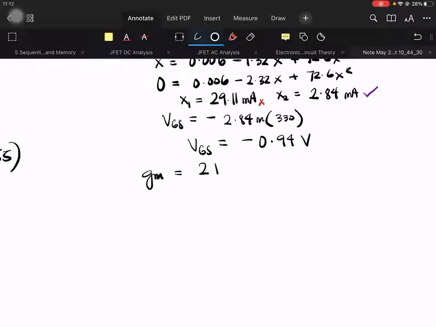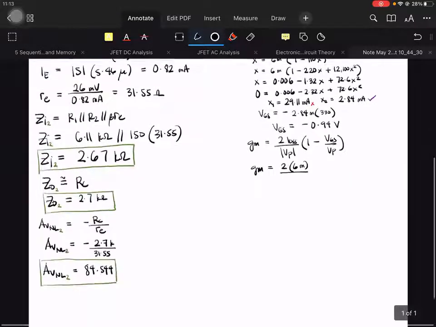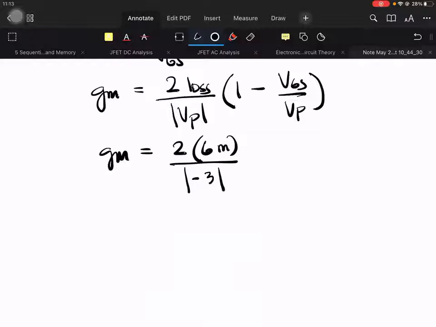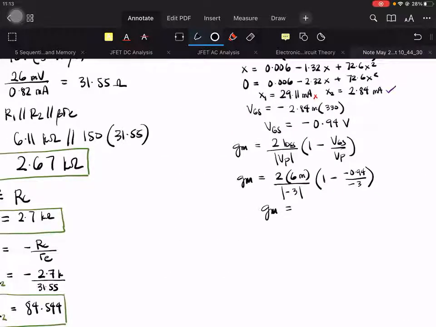GM is equal to 2 IDSS per absolute value of VP, times 1 minus VGS over VP, no more squared. 2 times 6 milli over the absolute value of -3, times 1 minus negative 0.94 over -3. This gives millisiemens.